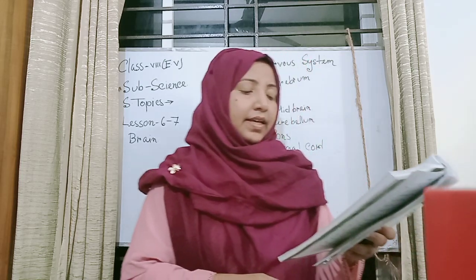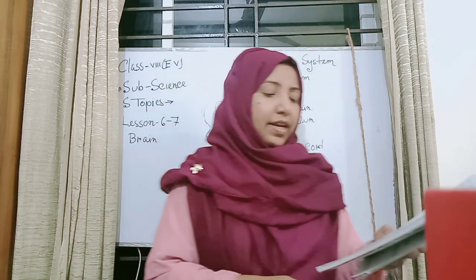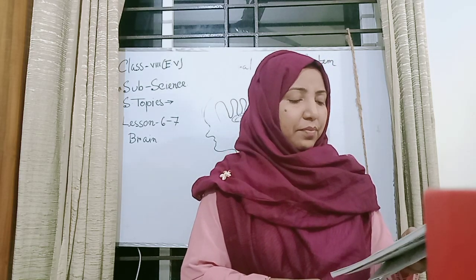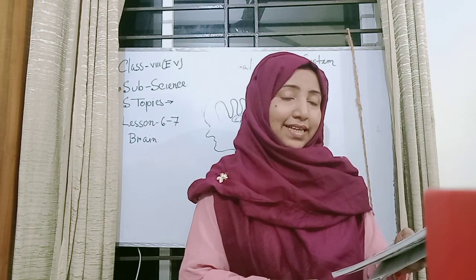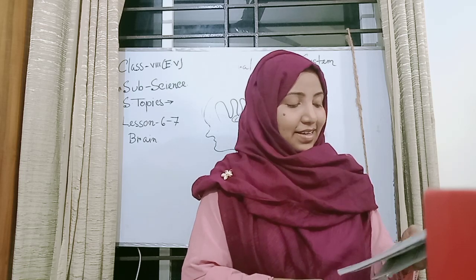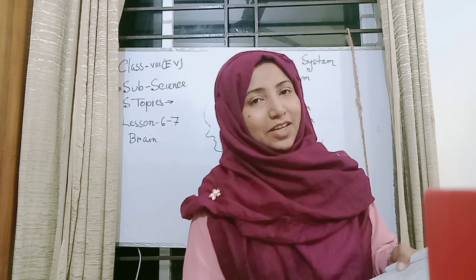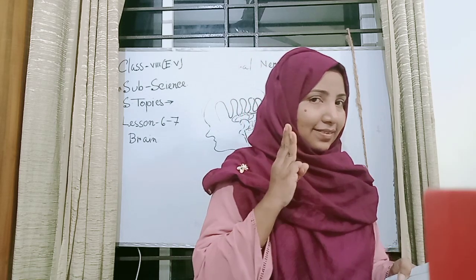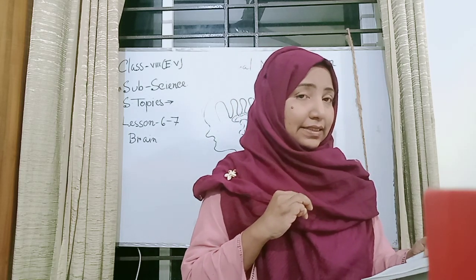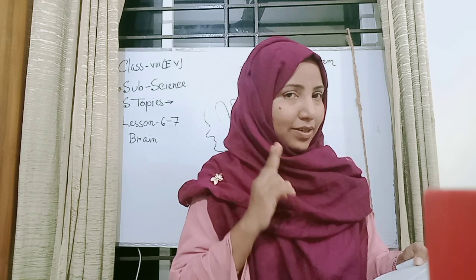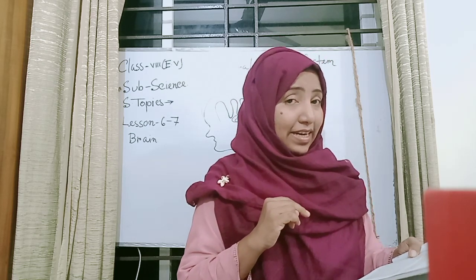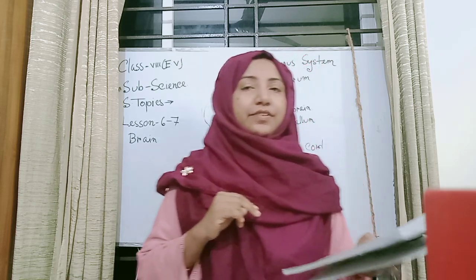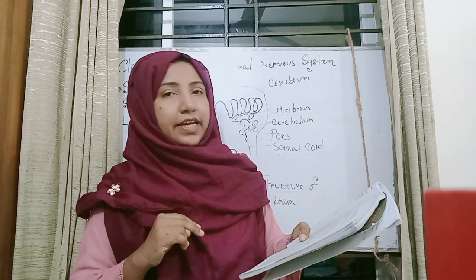The brain is covered by 3 layers of membrane called the meninges. The human brain has 3 major parts: the cerebrum or forebrain, the midbrain, and the hindbrain.